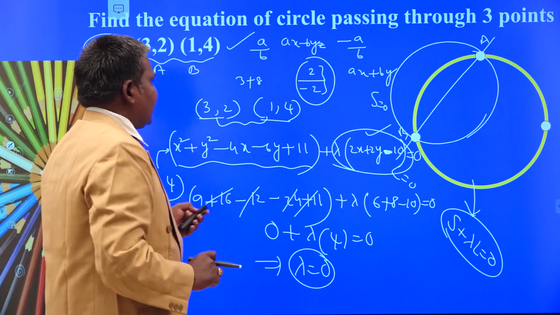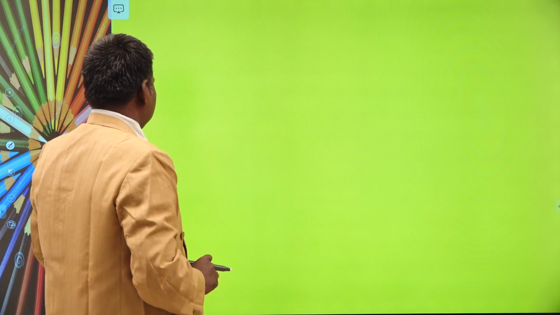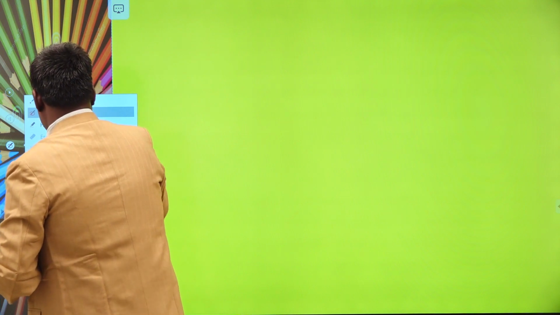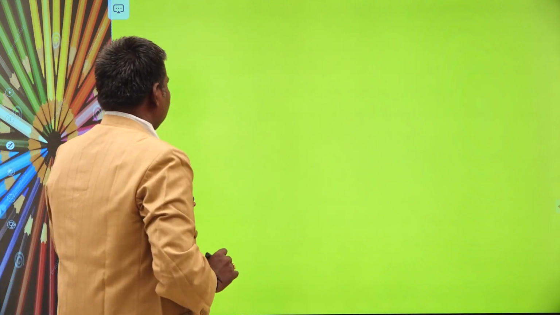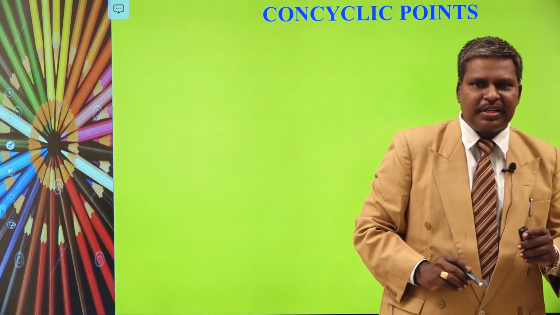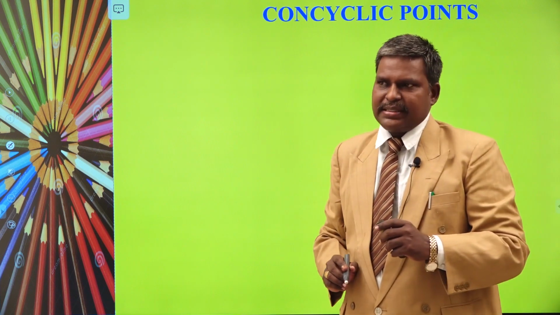Now let us see the next concept. Concyclic points. Suppose 4 or more points lie on a circle, then they are called concyclic points.